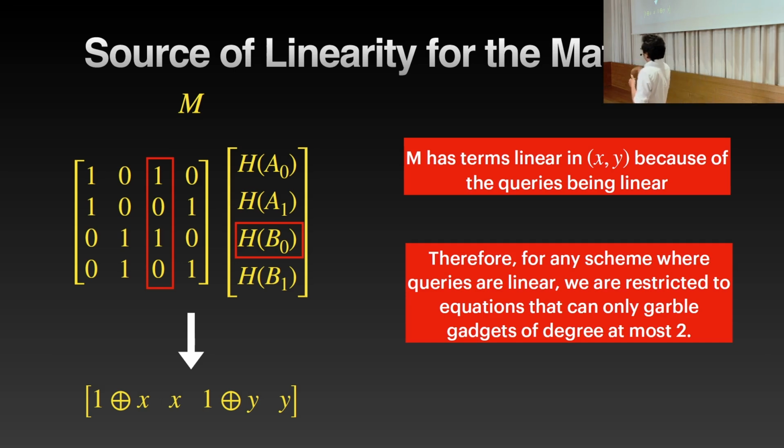And this constraint, along with the free XOR constraint, makes it a case that anything in the column of matrix M is always a linear function of X and Y, as long as you're restricted to making linear queries to the hash, which is actually observed as something that helps the optimization in 3/2, and it does not help in the higher input case. This is the observation.